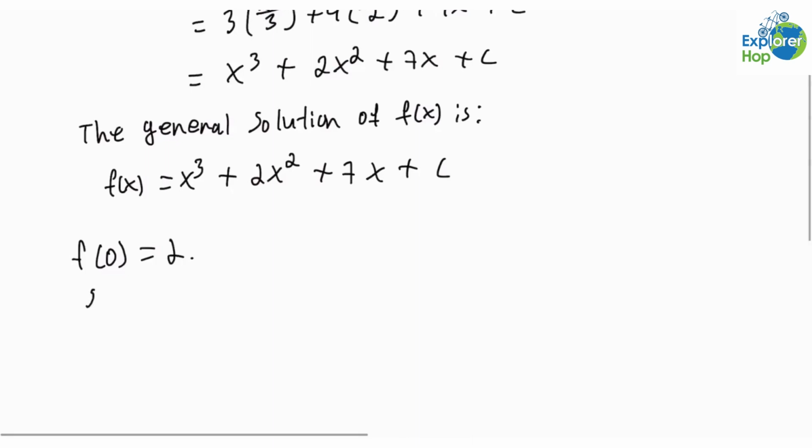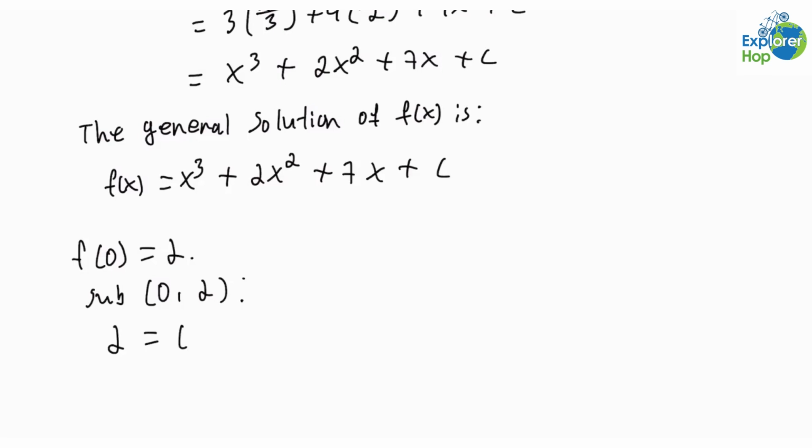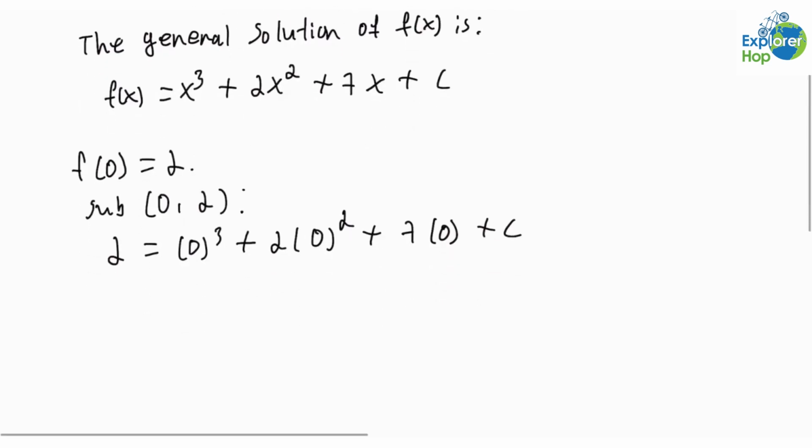So we sub the point 0, 2 to get that 2 is equal to 0 cubed plus 2 times 0 squared plus 7 times 0 plus c, which means that c is equal to 2.